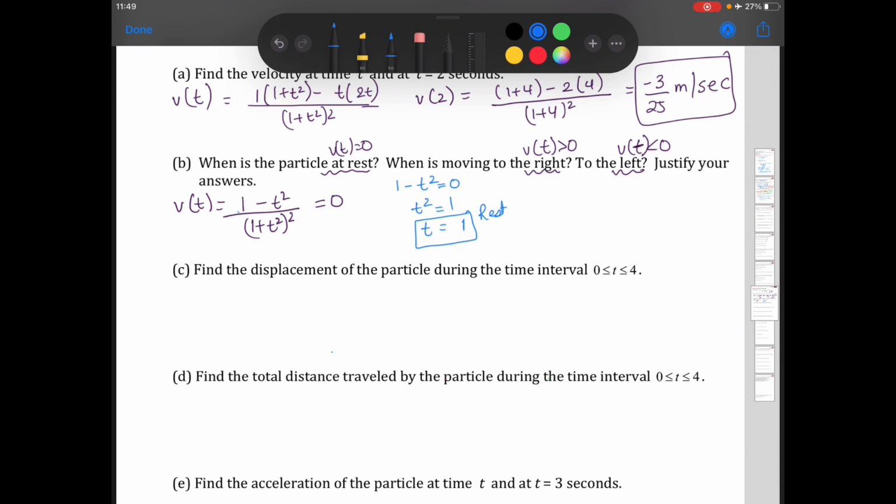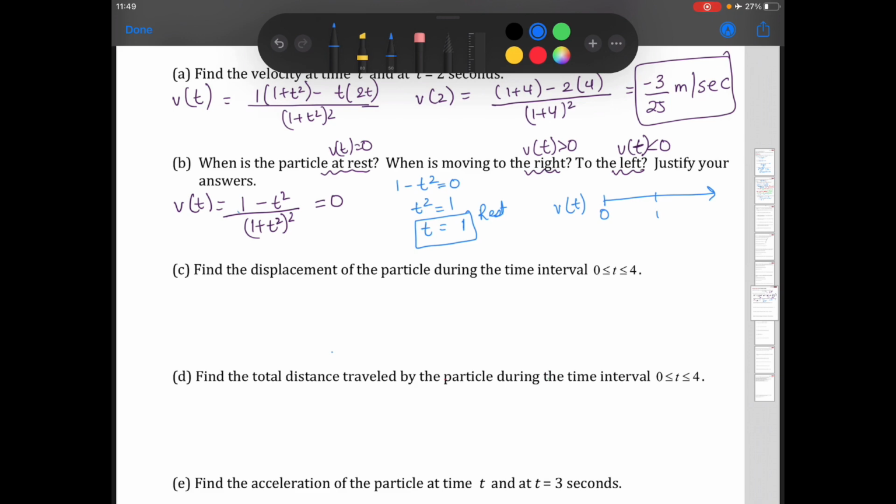So now what do I need to do? I need to find when it's moving right or left. So I'm going to draw a number line, my velocity number line. I'm going to cap it at 0. And the other number that is of relevance here is 1, right? I'm going to pick a number from each interval and find out if it's a positive number, it's moving right.